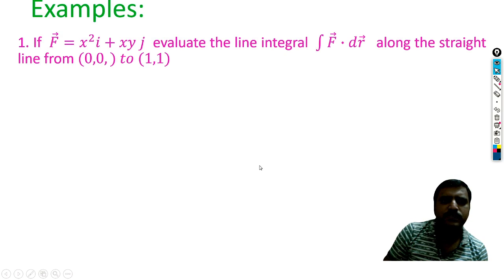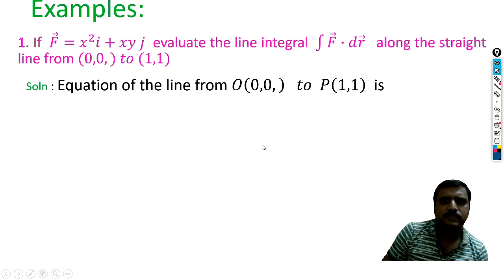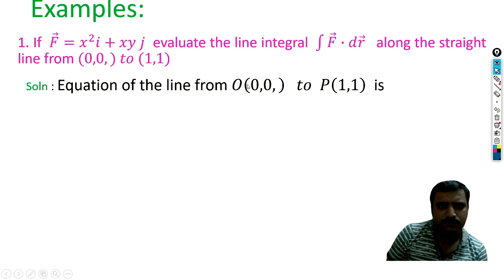Here I am discussing some examples on the line integral. If F is equal to x square i plus xy j, we have to evaluate F dot dr along a straight line moving from (0,0) to (1,1). As we don't know the curve along which to evaluate the integral, first we have to find that curve.